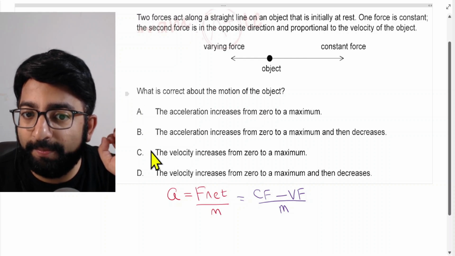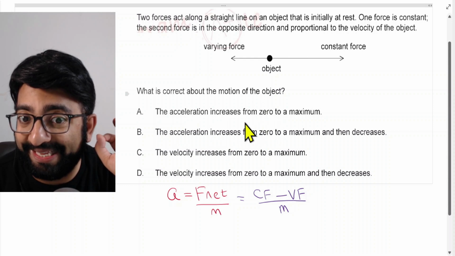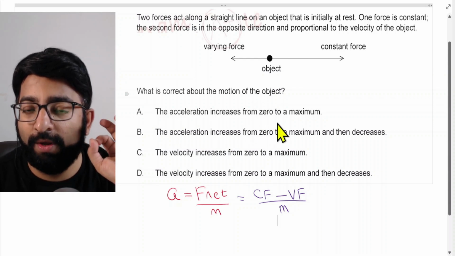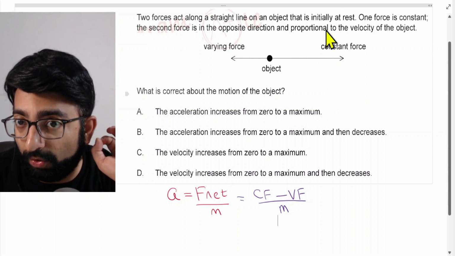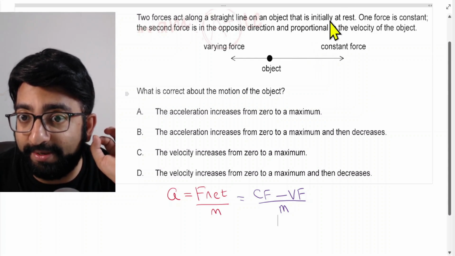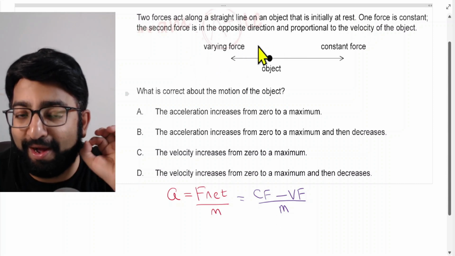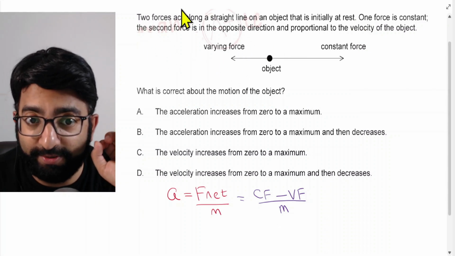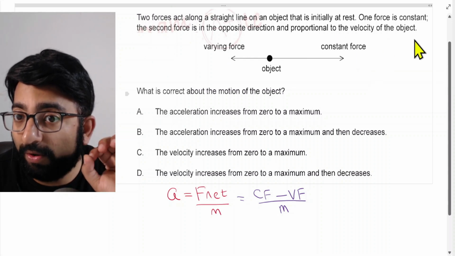Options A and B are saying that the acceleration increases from 0, which means the initial acceleration is 0. We need to check, is that true? Initially t is equal to 0, the object is at rest as given. So we can say the varying force is equal to 0. How is that? It is clearly mentioned that the second force, the varying force, is proportional to the velocity.